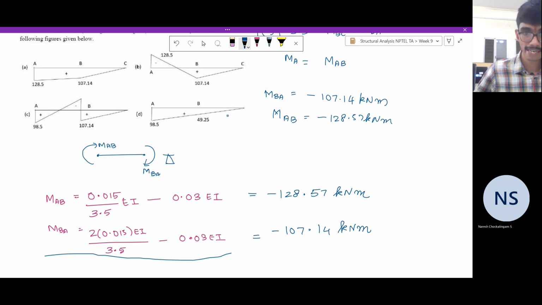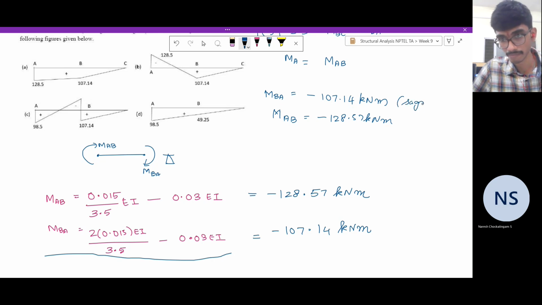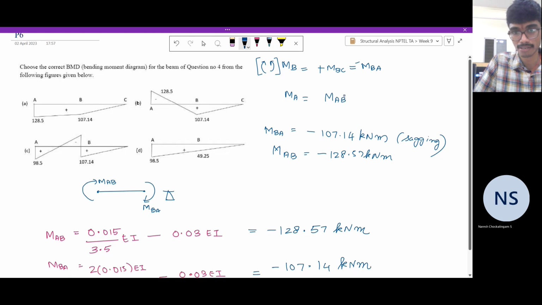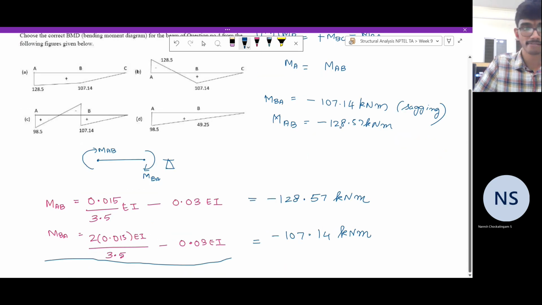So MBA is positive, which means it is sagging. And MAB negative means it is not sagging and it is hogging.